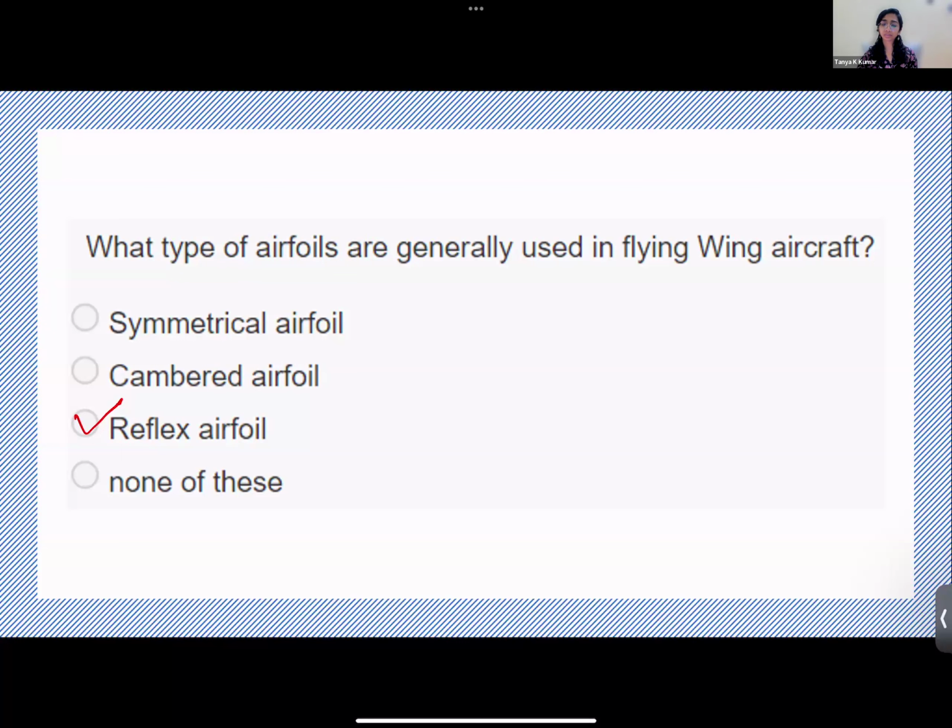You try telling me. What is the difference between reflex and camber that makes us want to use reflex for the flying wing aircraft?